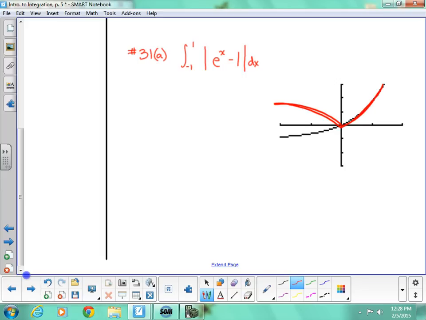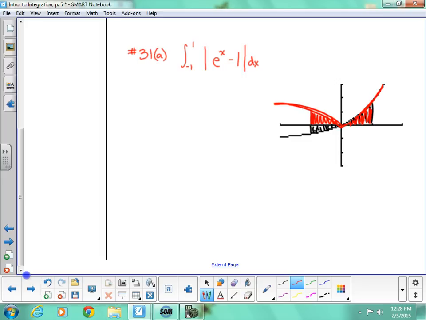Because remember, if it's area below between the function and the axis, or area above between the function and the axis, where am I going from? Negative 1 to 1. One would be a negative, one would be a positive. They would take away from each other, but wait. What's the absolute value going to do? He's positive. He's positive.